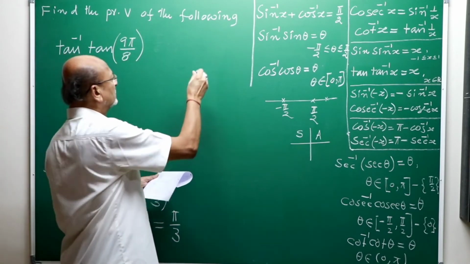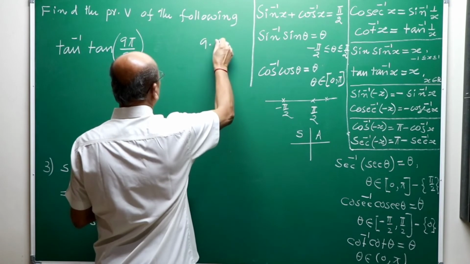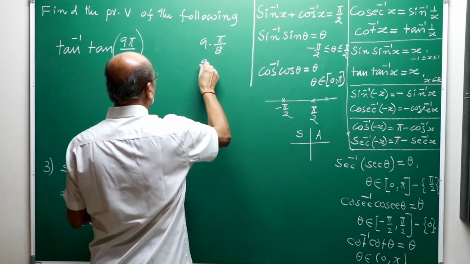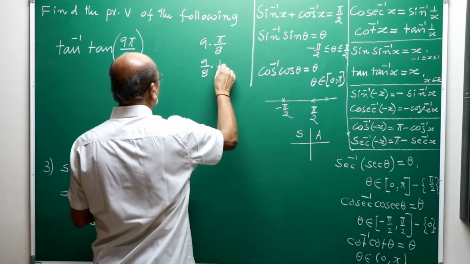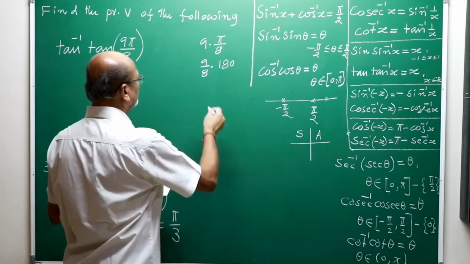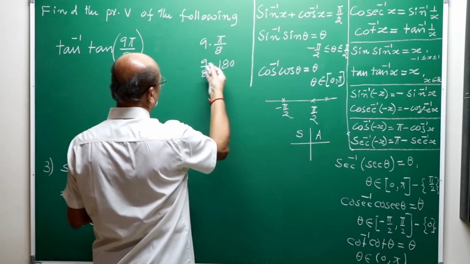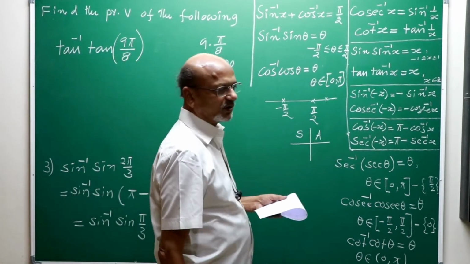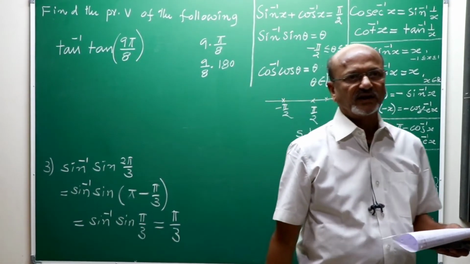This is 9 into pi upon 8, or 9 by 8 into pi. What is pi? 180 degrees. So 9 pi by 8 is nearly 20 degrees more than 180 degrees, which is greater than 90 degrees.